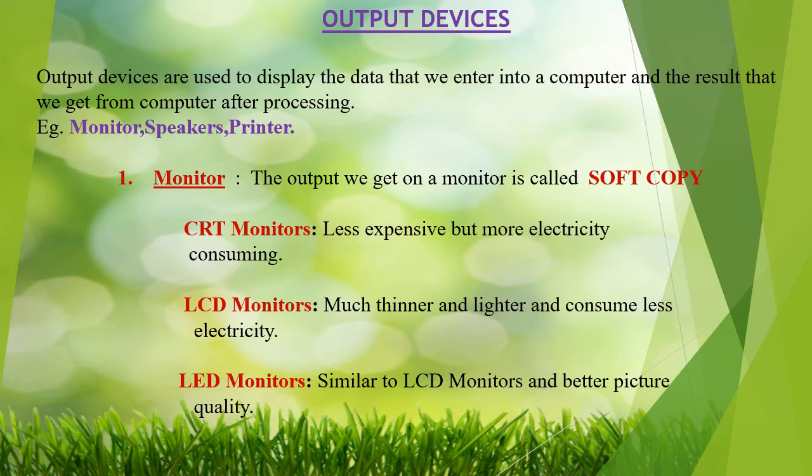The next one is LED, the third type of monitor, which is somewhat similar to LCD, but the picture quality of LED is much better than LCD, and the lifetime of LED monitors is higher compared to LCD monitors.